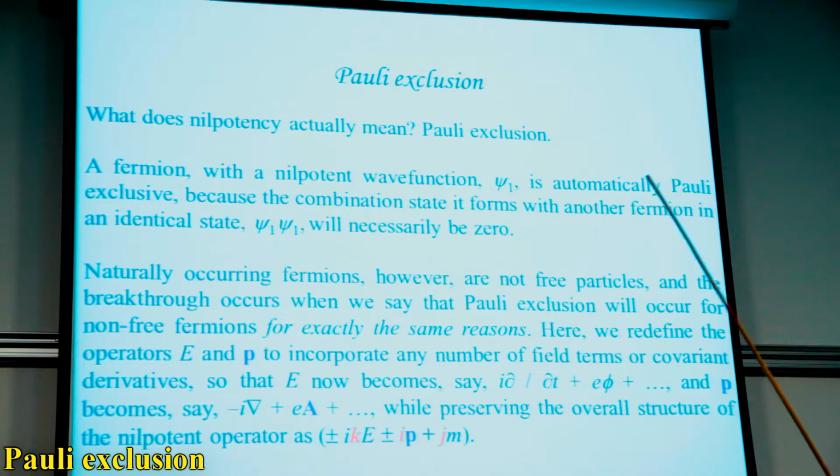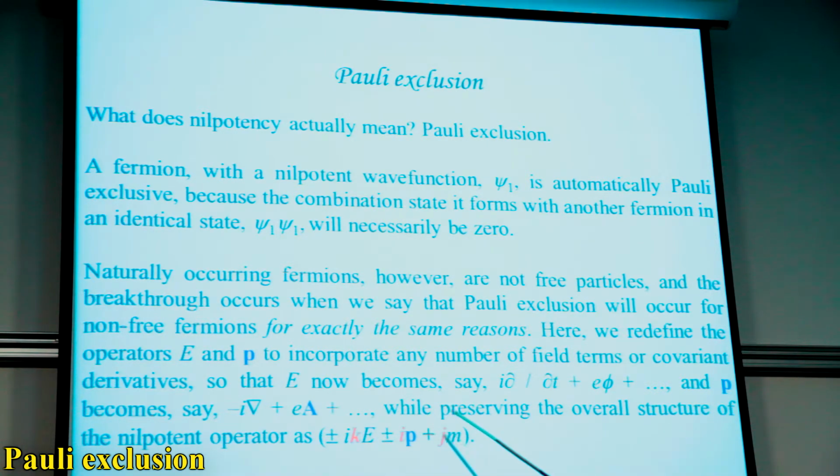And as I mentioned earlier, naturally occurring fermions are not free particles. They're bound, or they've got potentials which restrict them in some way or another. And so we redefine the operators E and P to include any number of field terms. For example, i d/dt, that's a Coulomb term, Coulomb potential, E phi. And P then would become, that's a vector potential. But we could have any form of potential, we could have any number of them. And we can redefine the E to not be just that, but to include that as well.